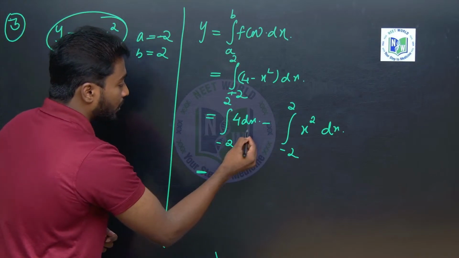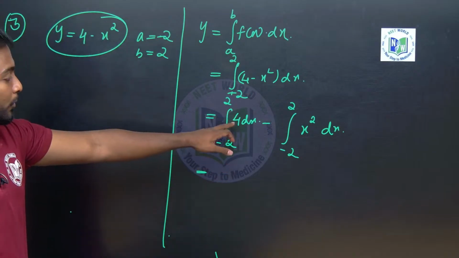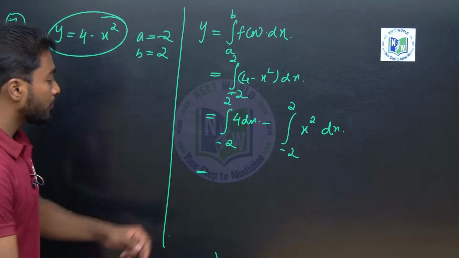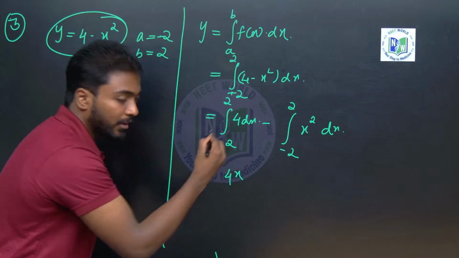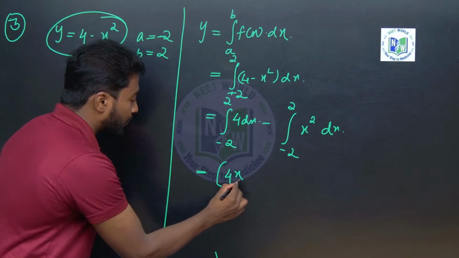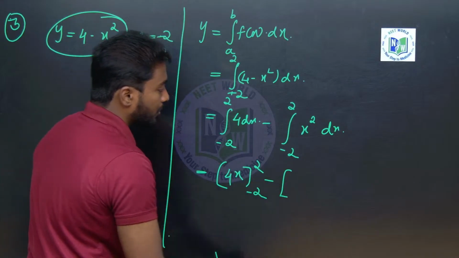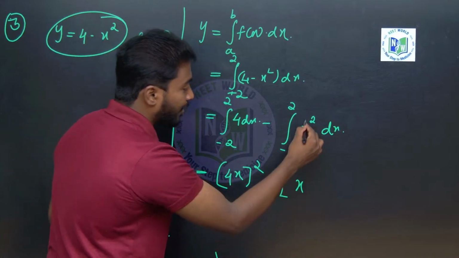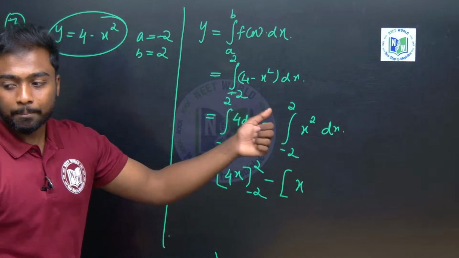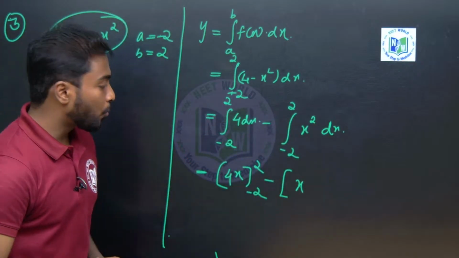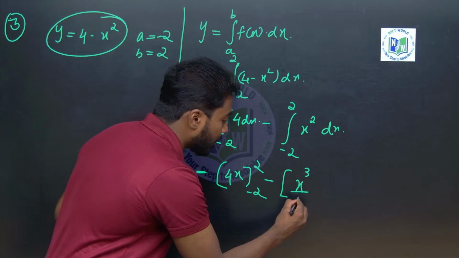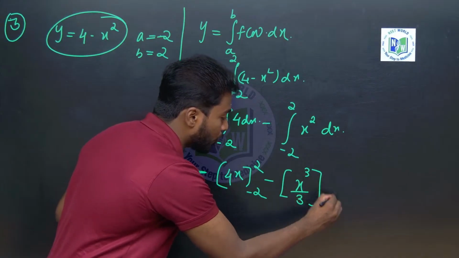So 4 is a constant, if I integrate it with respect to x, I will get 4x. The limits are from minus 2 to 2, minus, this is x power n, that is nothing but x power n plus 1 by n plus 1. So I will get x cube by 3, from minus 2 to 2.